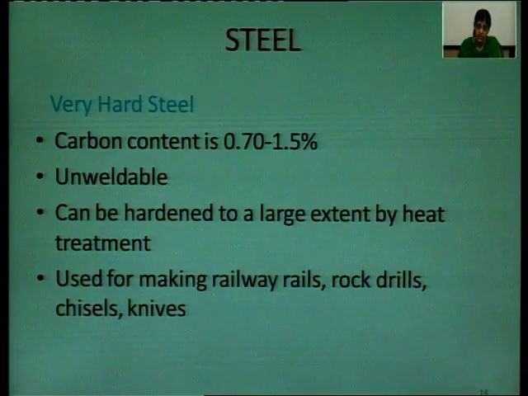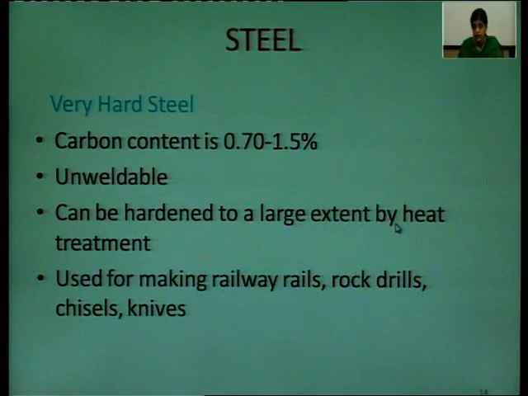I was telling earlier also, we have still a very hard steel also. In this, the carbon content is still higher, it is 0.7 to 1.5%. This steel is not weldable, and it can be hardened to a large extent by heat treatment.